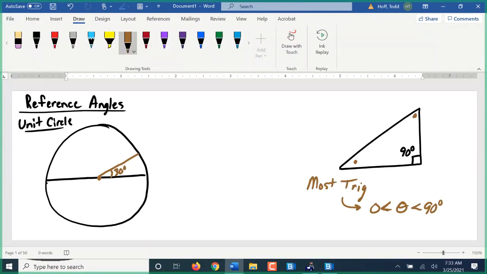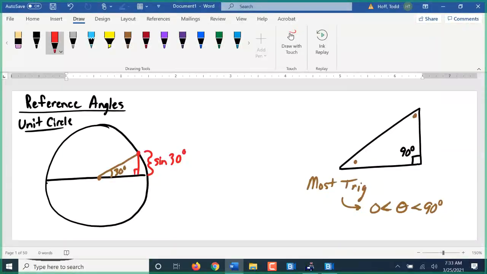That angle, of course, has a sine, and the sine is the distance from the point where that terminal side hits our circle down to that reference diameter. That length is the sine of 30 degrees. But there are several other angles on here that have a reference angle of 30 degrees.